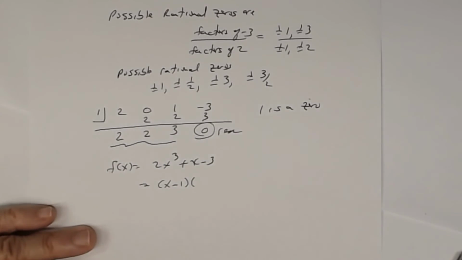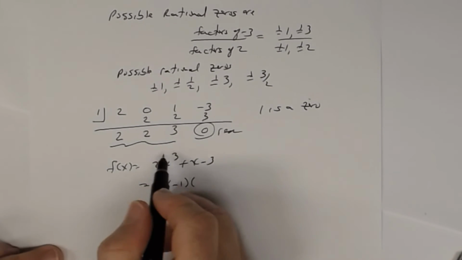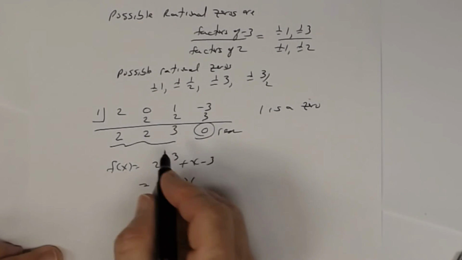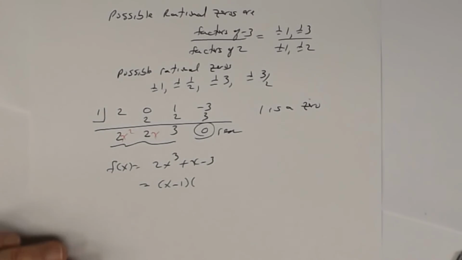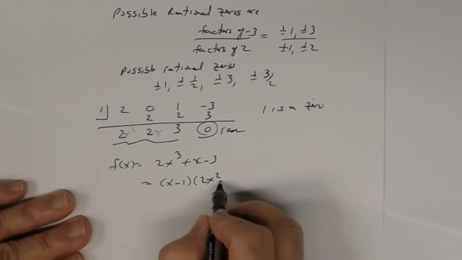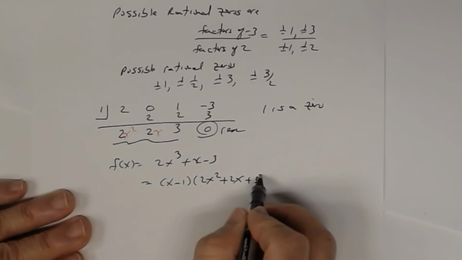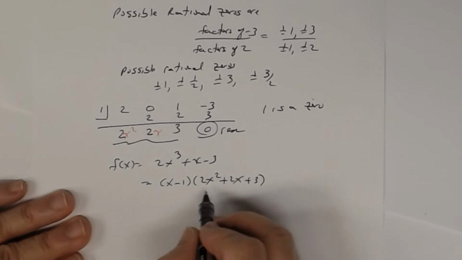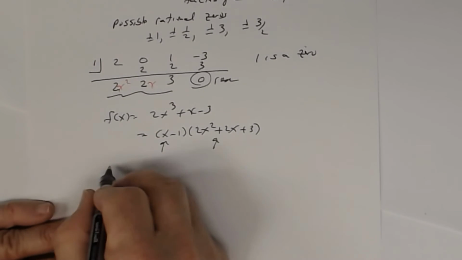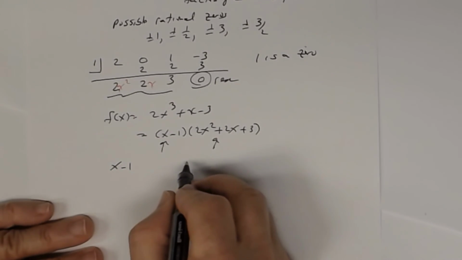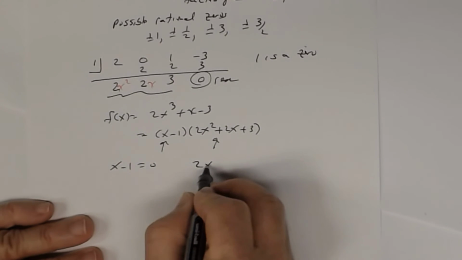Remember this is cubic, so your quotient is going to be quadratic: 2x squared, x, and your constant. So this becomes 2x squared plus 2x plus 3. I cannot factor this, so I'm going to use the quadratic formula. What I'm going to do is set each factor equal to 0. Remember, finding the zeros, set each one equal to 0.